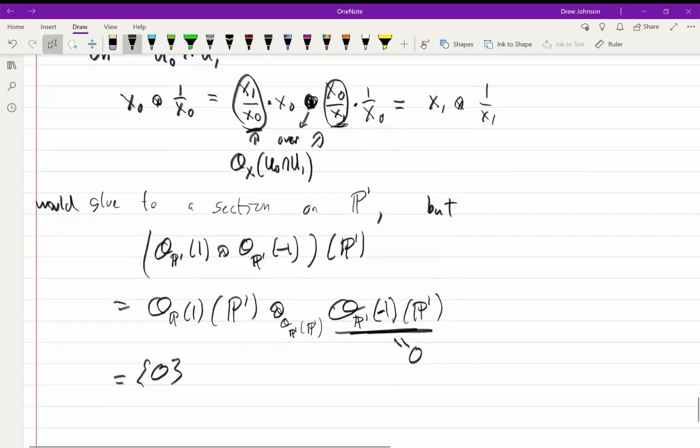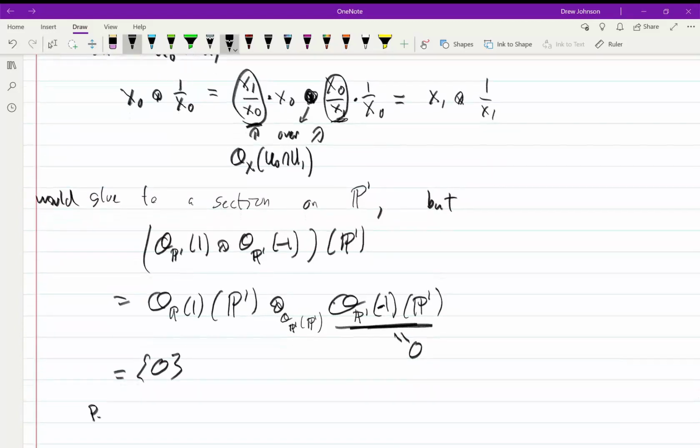All right, so the point of that example is that in general, F tensor G, if you just take the naive thing that we defined, this is not a sheaf. It's only a pre-sheaf.